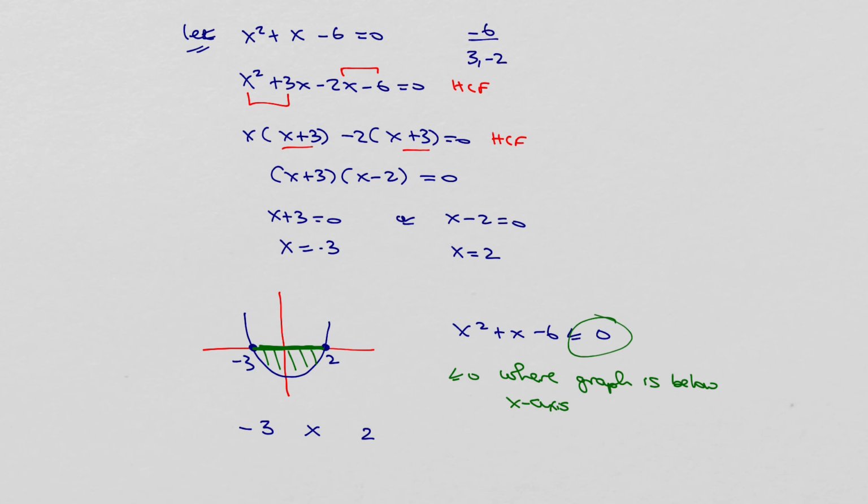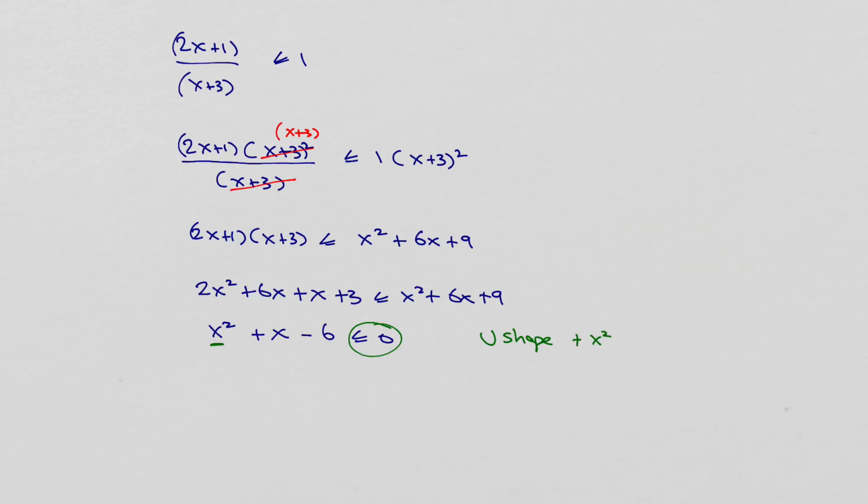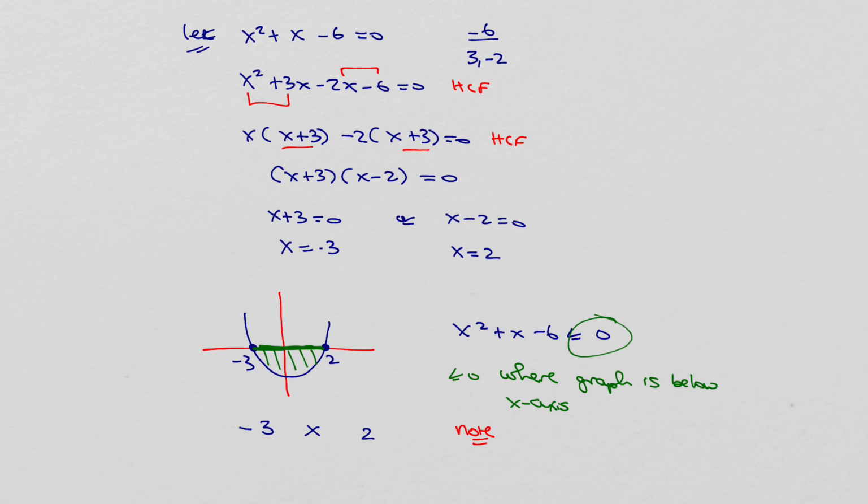Now, even though it's less than or equal to in this case, we have to make a careful note from the start. If I go back, we were told that x was not equal to minus 3. So x cannot equal minus 3, but it can be greater than minus 3. And x can be less than or equal to 2. So it's a nice little question there, because the two inequality signs are actually different.